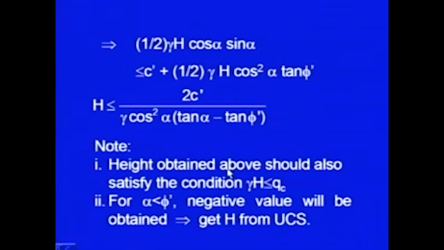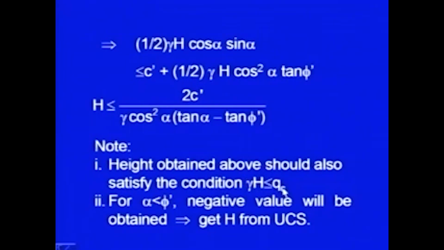Why? Because at the toe, if the unit weight of a material is gamma and its height is h, then at a depth h, the pressure is given by gamma into h. So this pressure becomes too high as the h value becomes higher and higher.